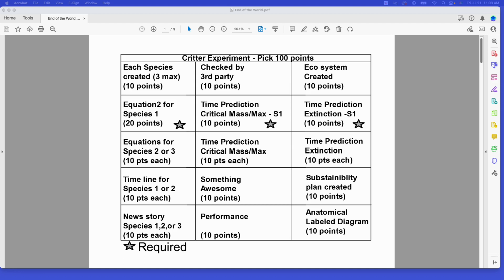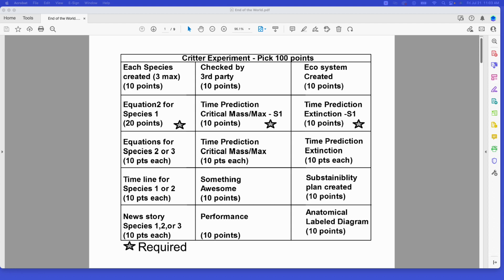Another piece of this is that before I even introduce this project, I would pull up a website that is the World Population Clock.